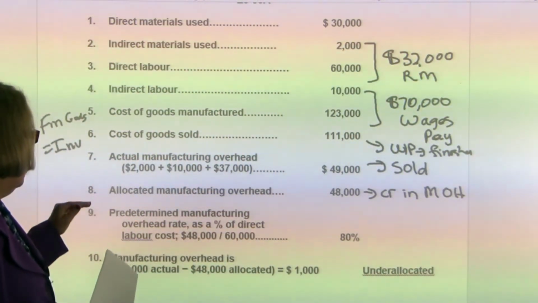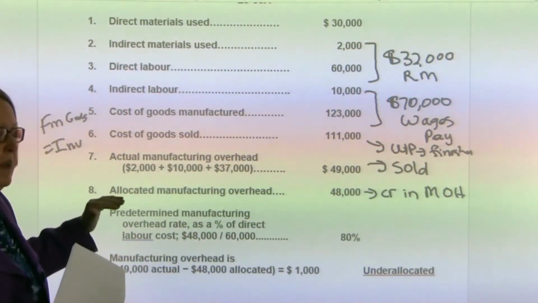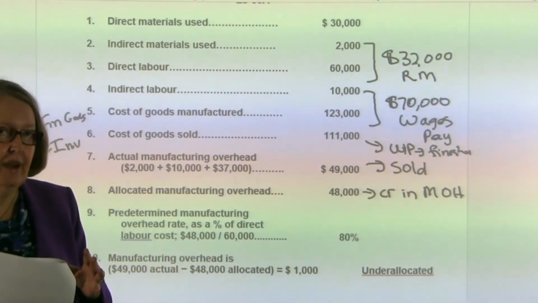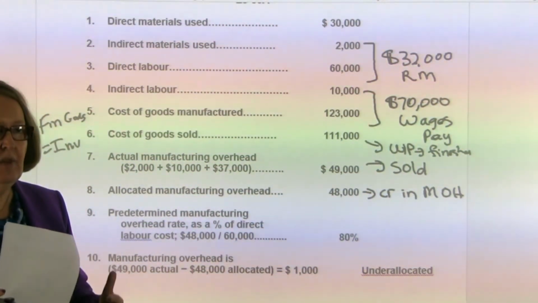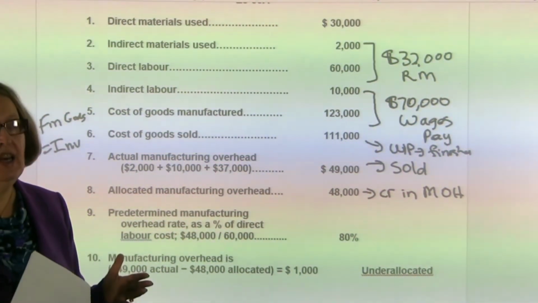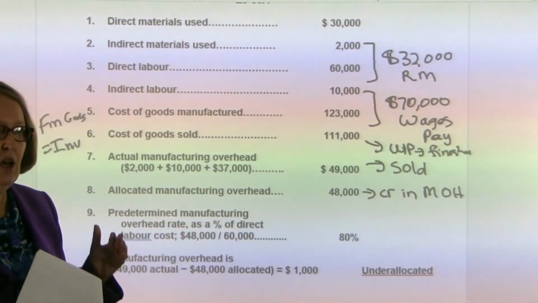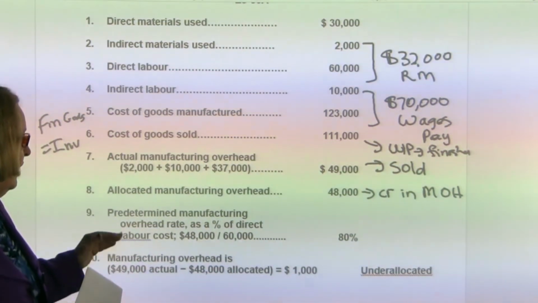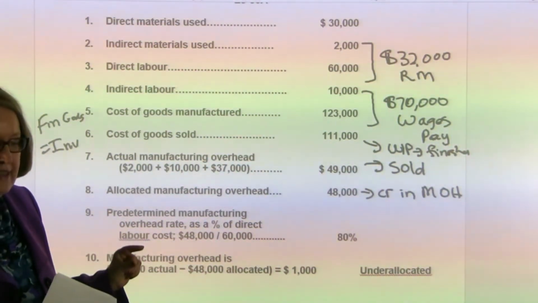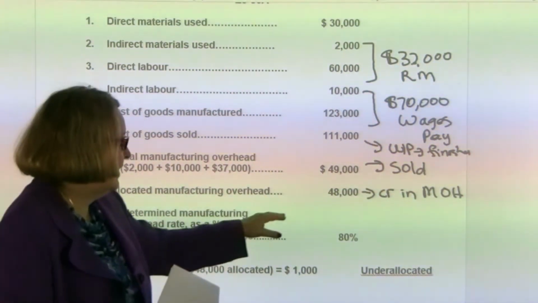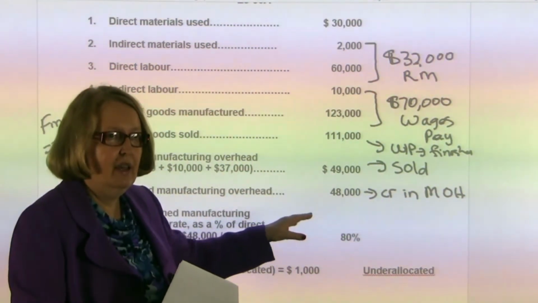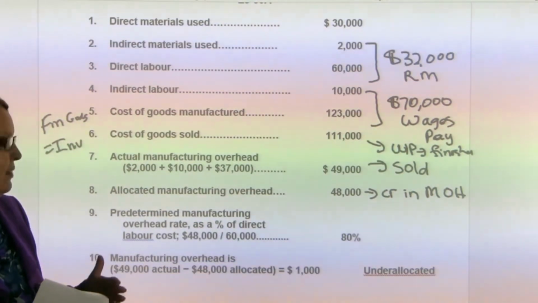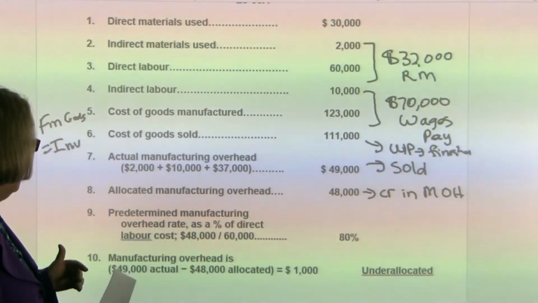Remember when we calculated in the previous problem the predetermined overhead rates? What the company was doing, each month it would allocate a portion of its overhead based on this predetermined rate. During the course of the year, all of this added up to $48,000. So we have allocated that out to the various jobs that we've worked on during the year.